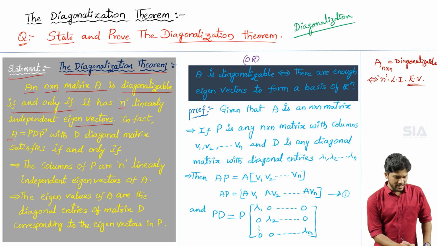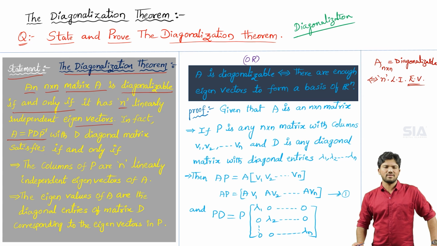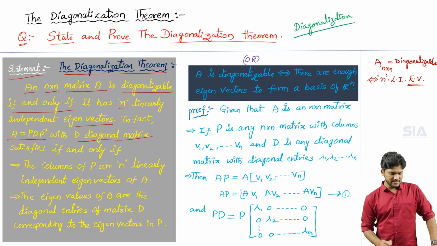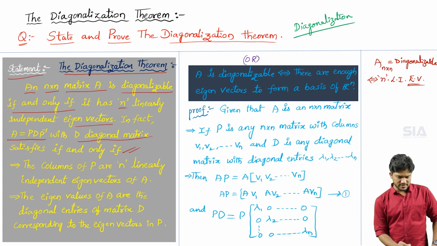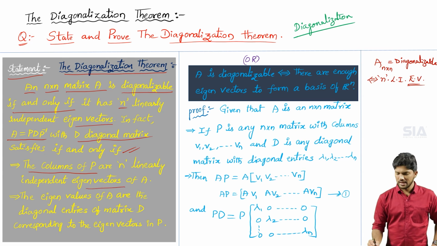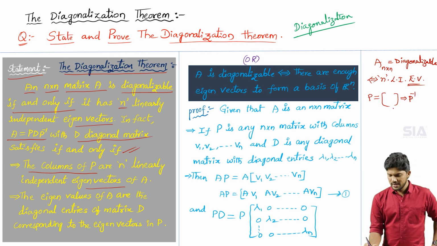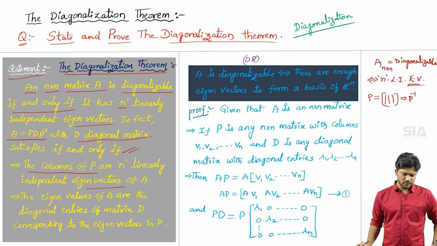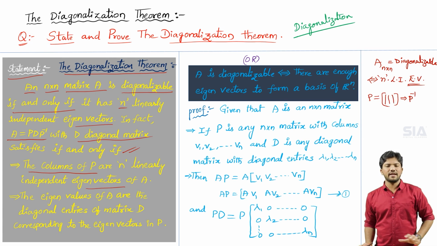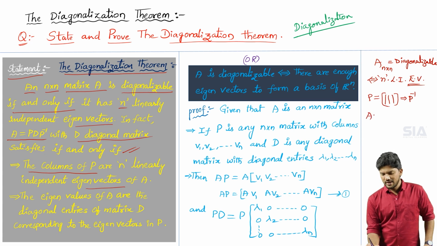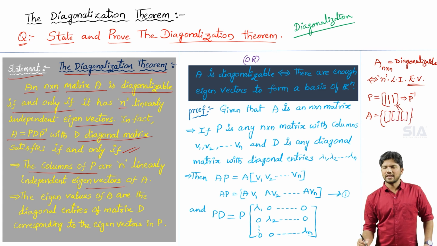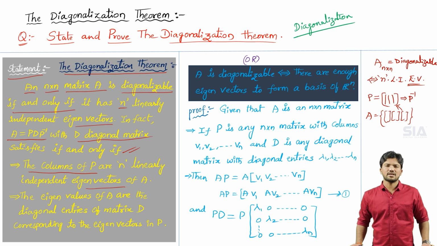In fact, the equation capital A equals P D P inverse, with capital D a diagonal matrix, is satisfied if and only if: first, the columns of capital P are the n linearly independent eigenvectors of capital A. Here capital P is a square matrix, and it is invertible, so we can also find its inverse. Those linearly independent vectors of capital A become the columns of capital P.